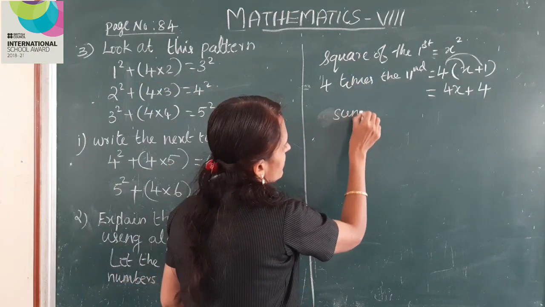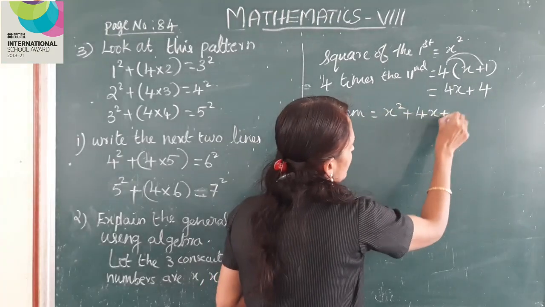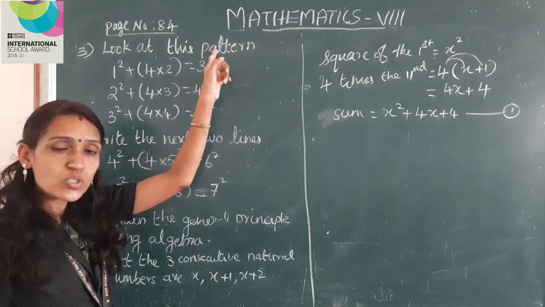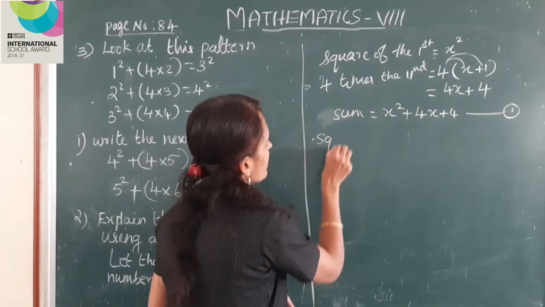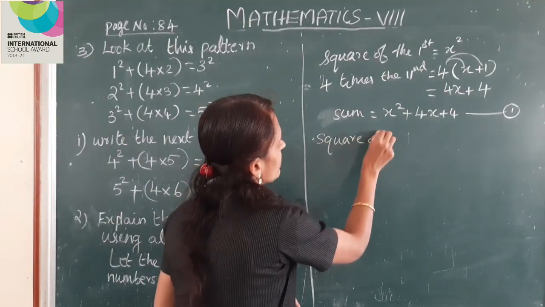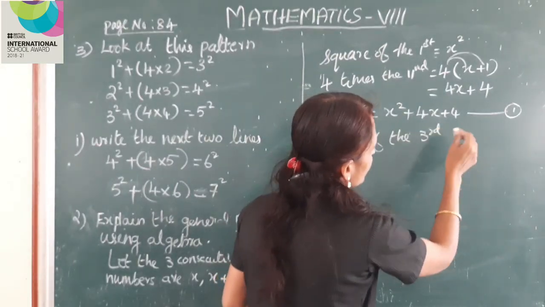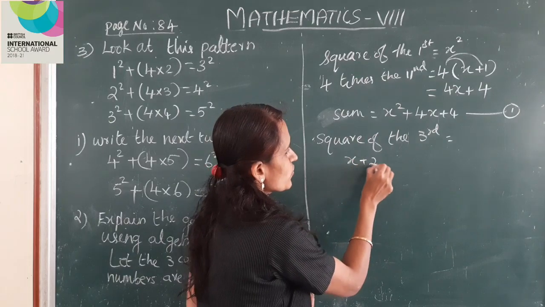Sum is equal to x square plus 4x plus 4, mark it as 1. Next, square of the third number, this is equal to x plus 2 whole square.